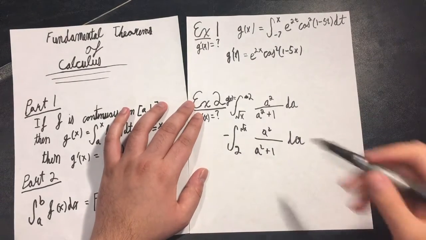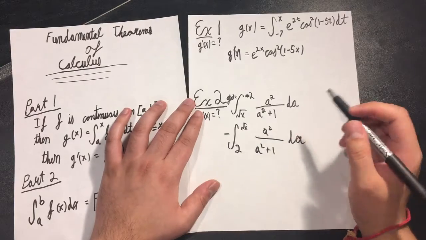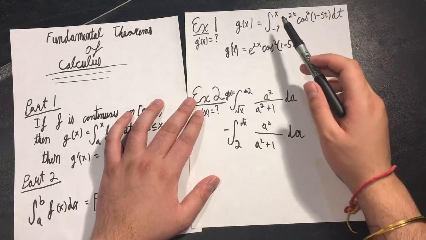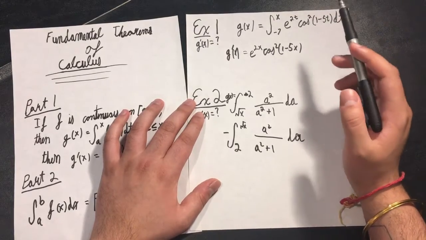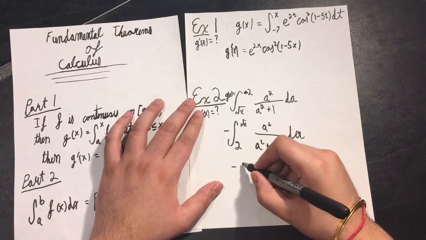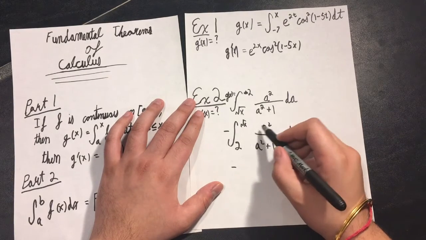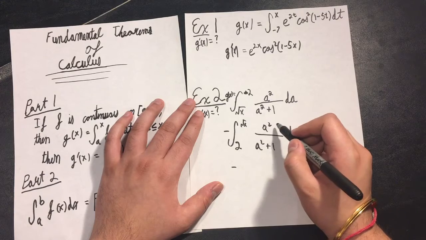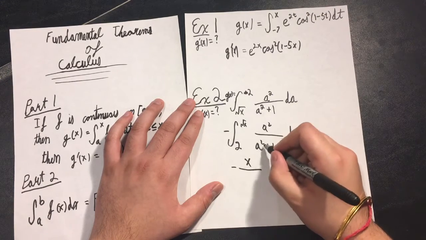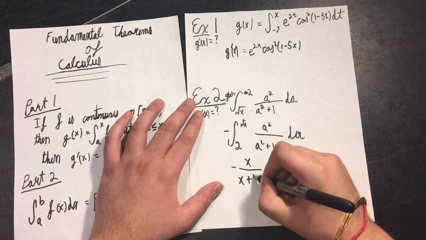Now we can do our substitution. Now, there's a second part to doing these problems when you don't have just some x value as your upper bound. So you have to do your substitution, which in this case is root x to the second is just x, and then plus 1.